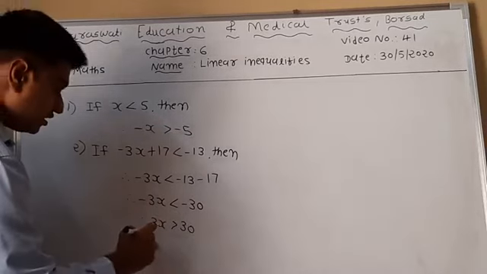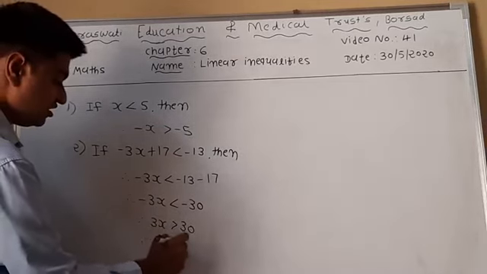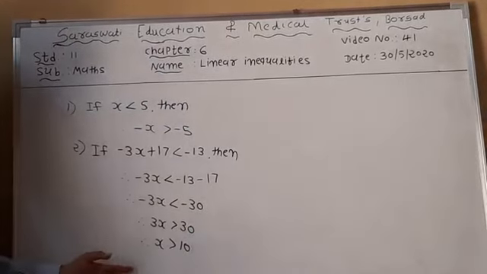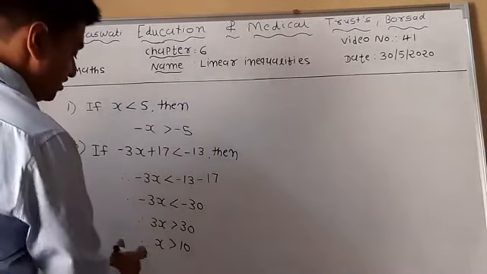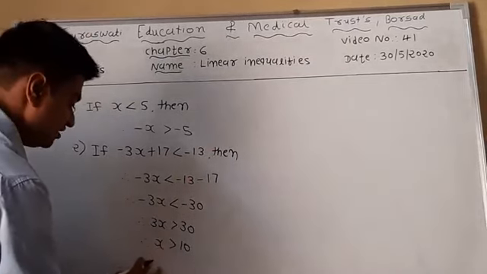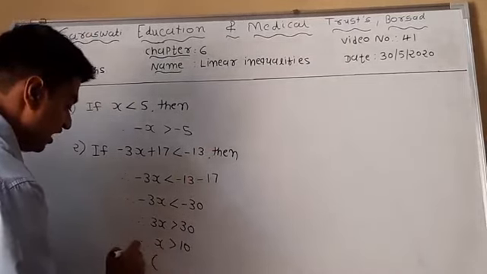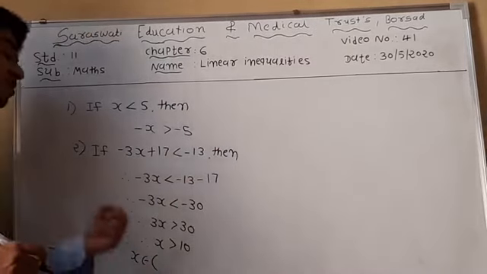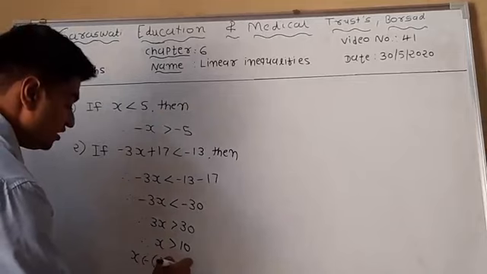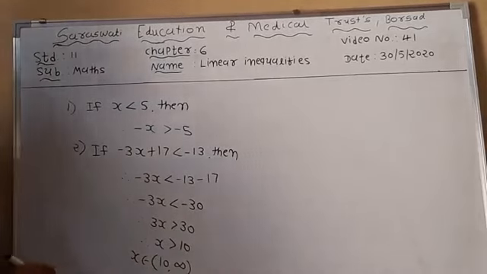Now divide: x is greater than 30 divided by 3, that means 10. So our answer is x greater than 10, which we can also write as x belongs to the open interval 10 to infinity.